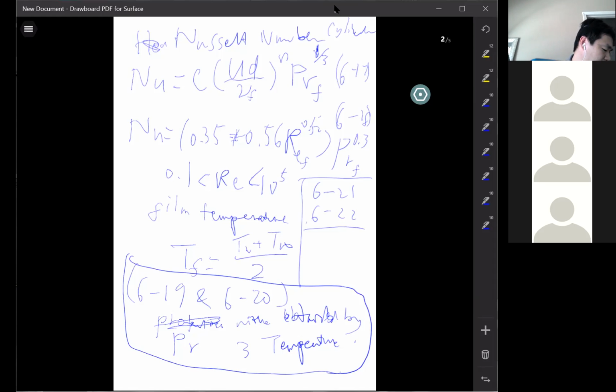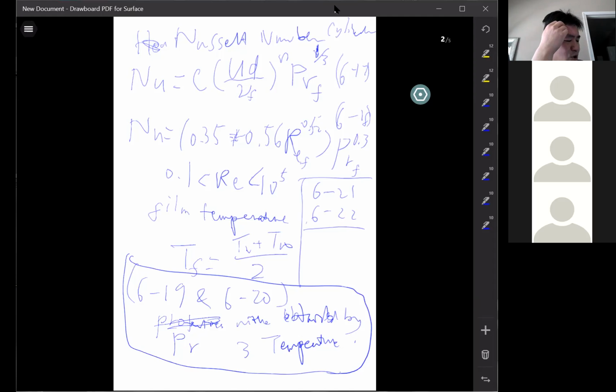The requirements include a Peclet number, Pe. Do you remember what a Peclet number is? Peclet number is Prandtl number times Reynolds number. So it gives you a little bit of restriction on the heat transfer, on the Prandtl number, not only the Reynolds number. For 6.21, the Reynolds number range is from 100 to 10 to the 7, a pretty wide range.